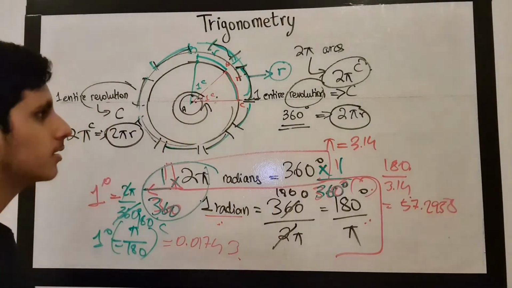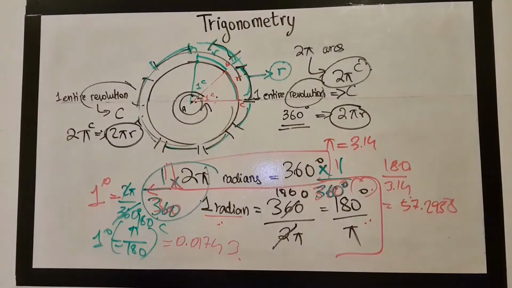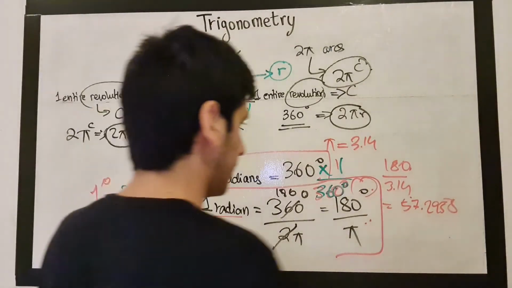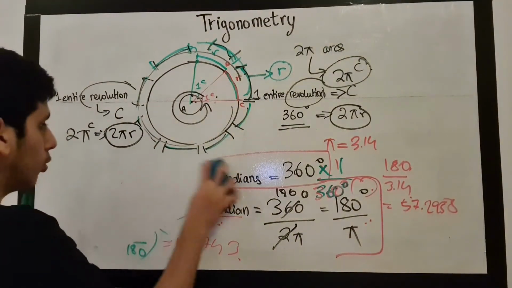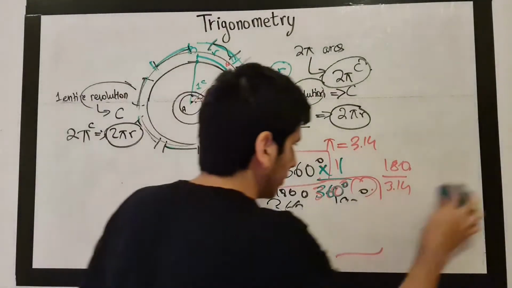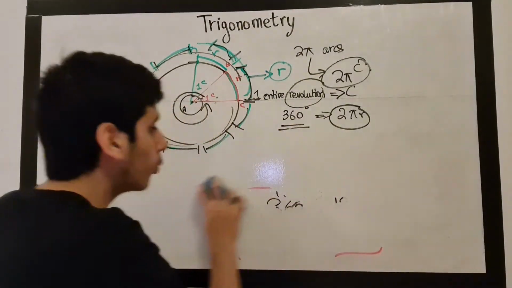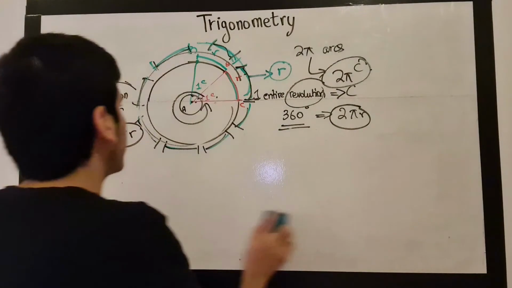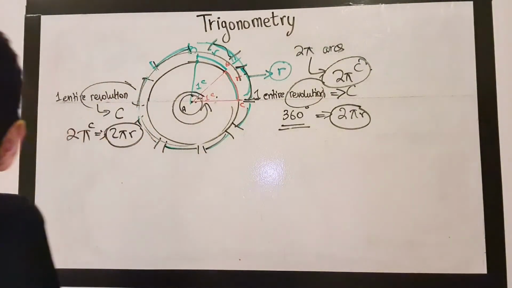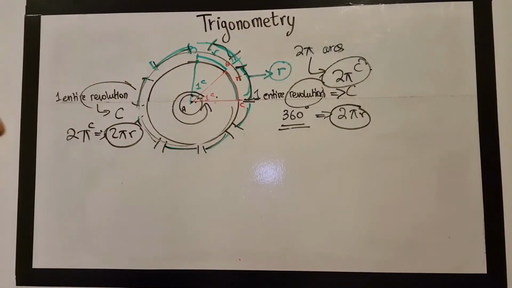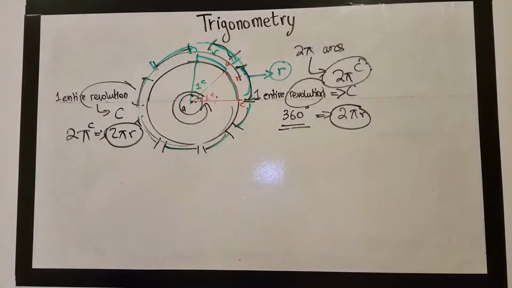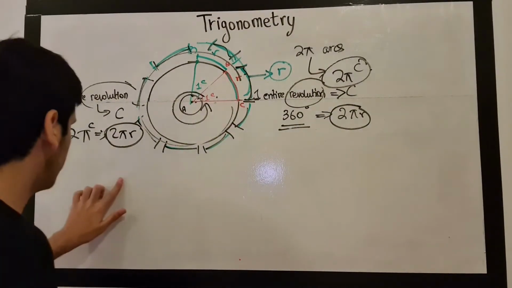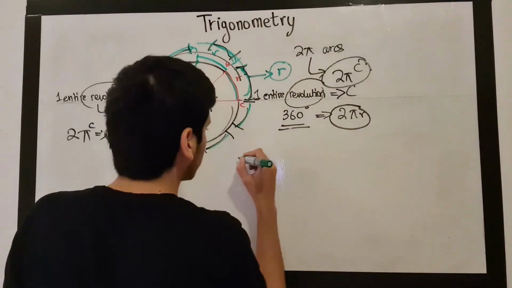It's as important to know the logic behind the formulas as it is to know what the formula is actually talking about, like why we have 57 point something, or why we have 180 over pi. That's the logic over here. And now I know that.